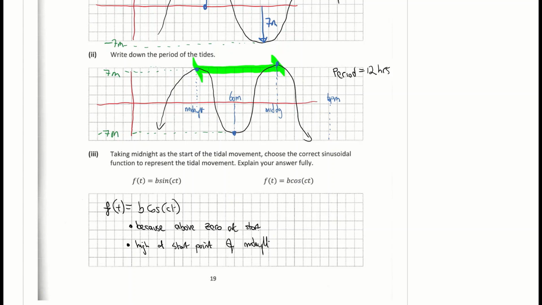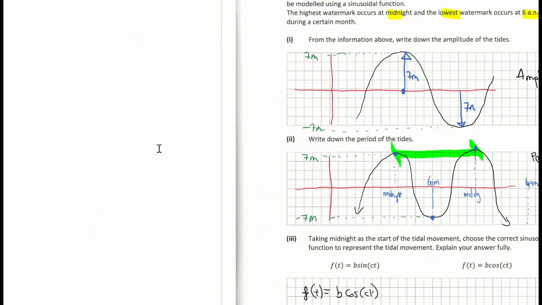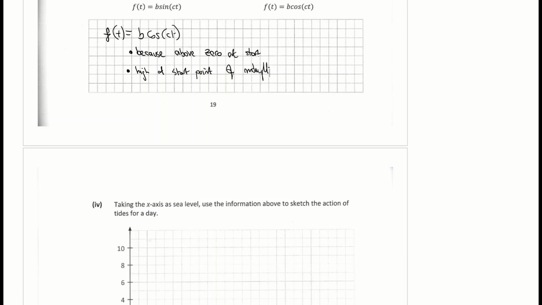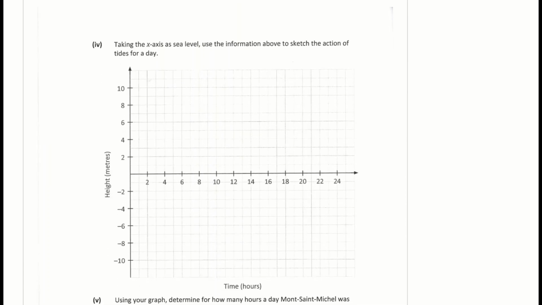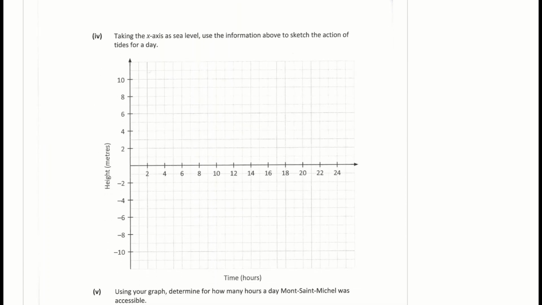Okay, so scrolling down now to part IV. It's asking us to take the x-axis as the sea level, and use the information above to sketch the action of the tidal waves. So we know that our amplitude is 7, didn't we? And where it crosses the y-axis is at midnight. So I'm going to put a dot here at 7.